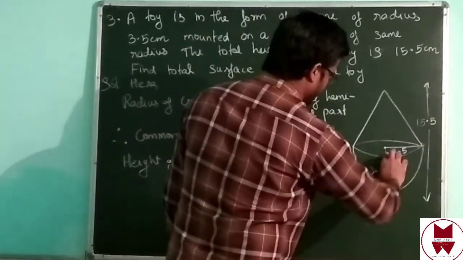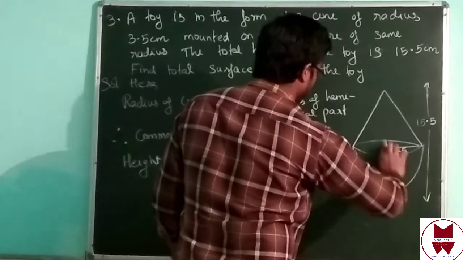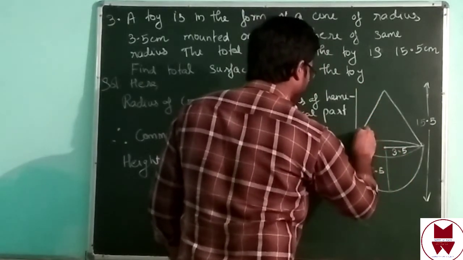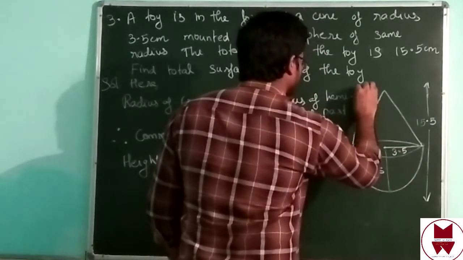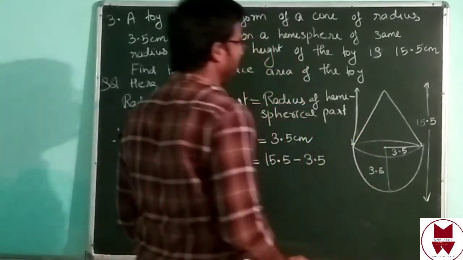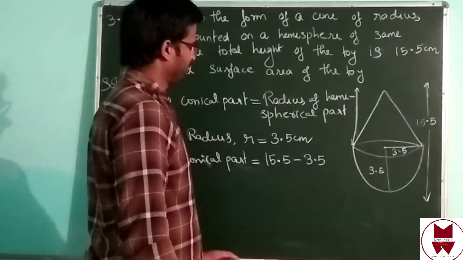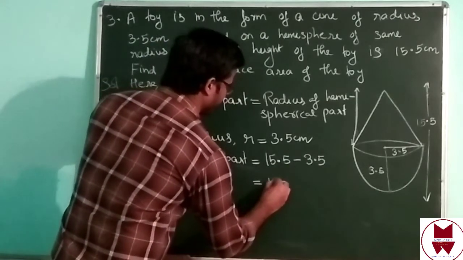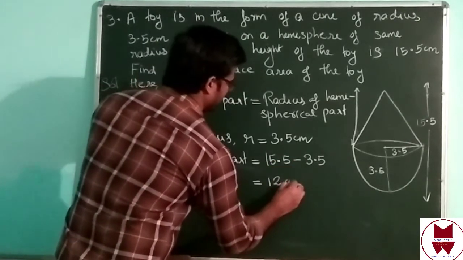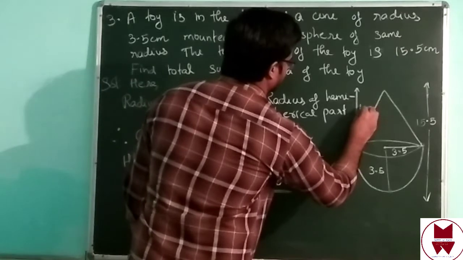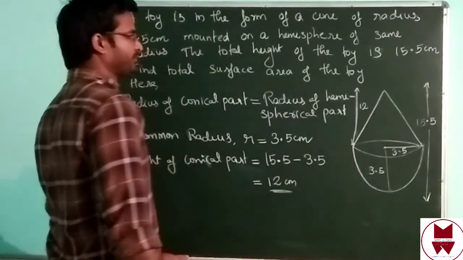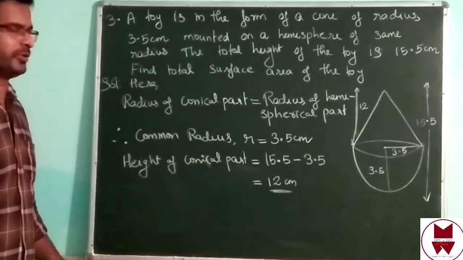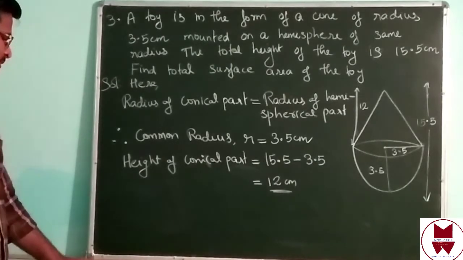If you subtract this 3.5 from total height, what you will get? Height from here to this much. That is height of conical part. Subtract 15.5 minus 3.5, you get 12 centimeter. Height of conical part is 12 centimeter.